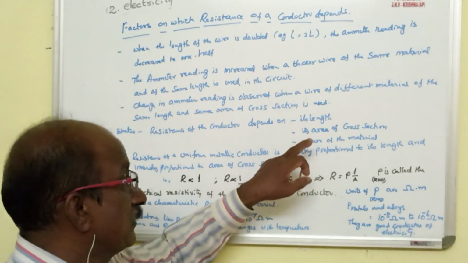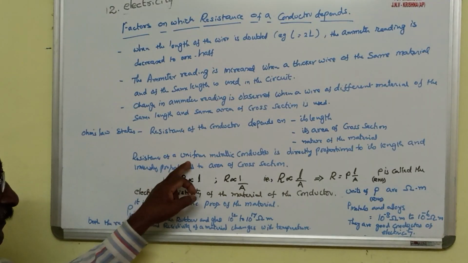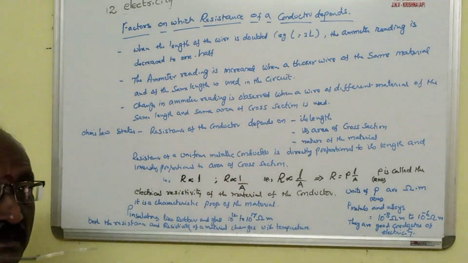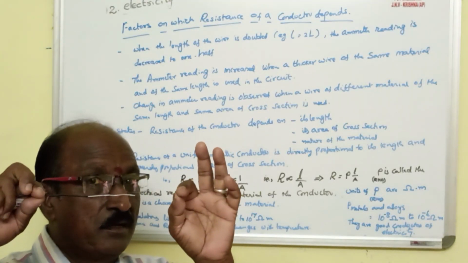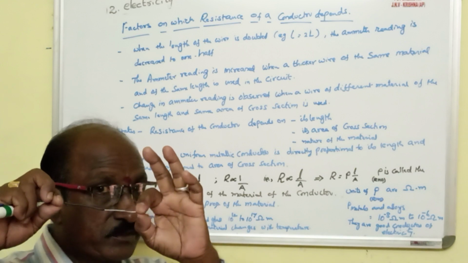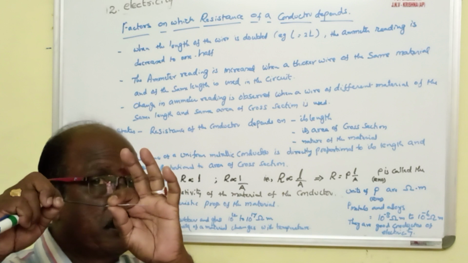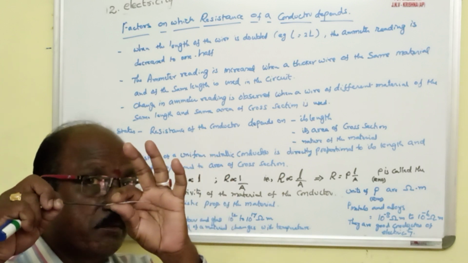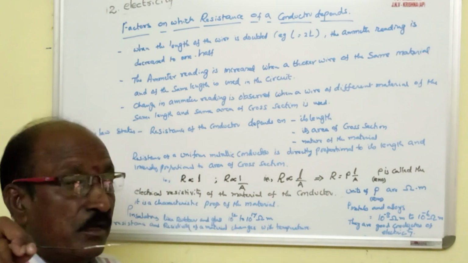Consider the resistance of a uniform metallic conductor. Uniform means it has the same area of cross section throughout its length. There should not be any change in it.